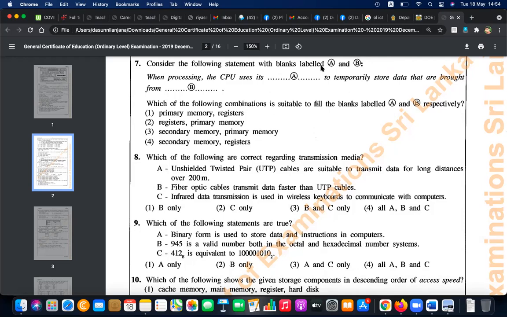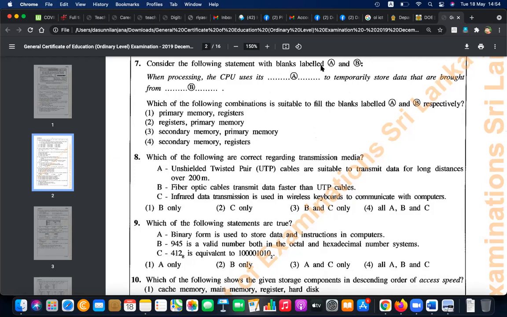Is it inside the CPU, or separate? Then what is inside the CPU? Registers. So registers are inside the CPU, and they are the temporary store.